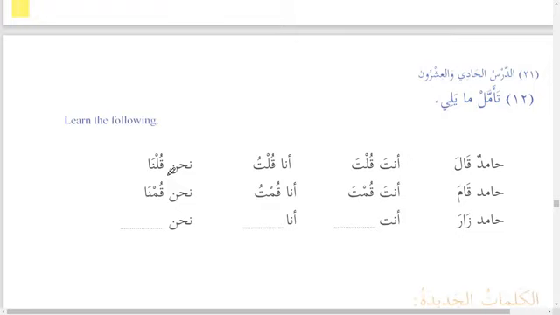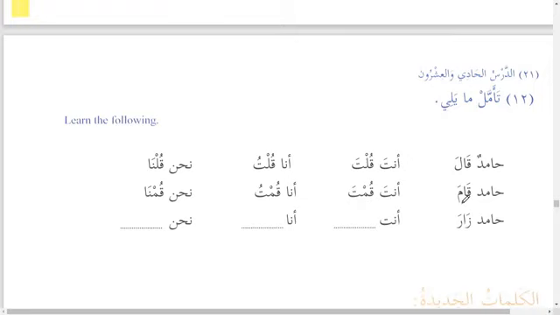So it becomes qulta. For example, qala, qala, qalu, qalat, qalata, qulna. And from qulna you will go all the way up to number 14 on the same pattern: qulna, qulta, qultuma, qultum, qulti, qultuma, qultunna, qultu, and qulna. So qultu is number 13, and qulna is 14.